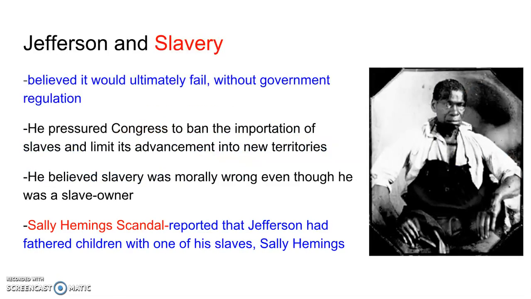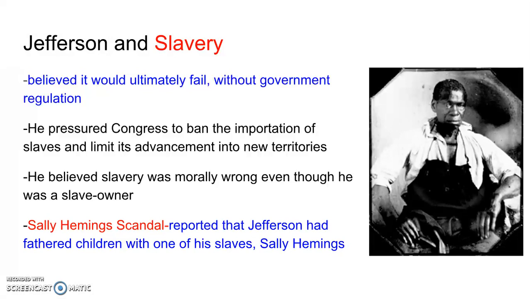So, Jefferson and his views on slavery, he believed it would ultimately fail. He believed that government didn't need to regulate slavery, government didn't need to get involved, because with advancements in technology that was helping with farming, because remember he was big in farming, he believed that slavery would become obsolete and that there was nothing he needed to do.